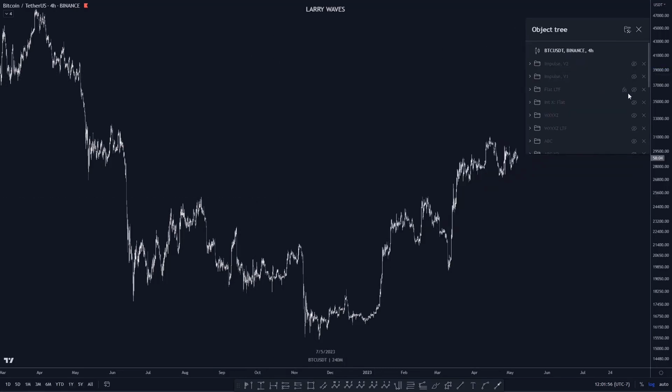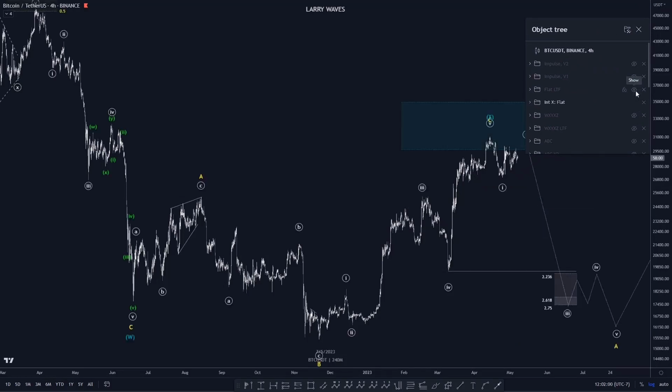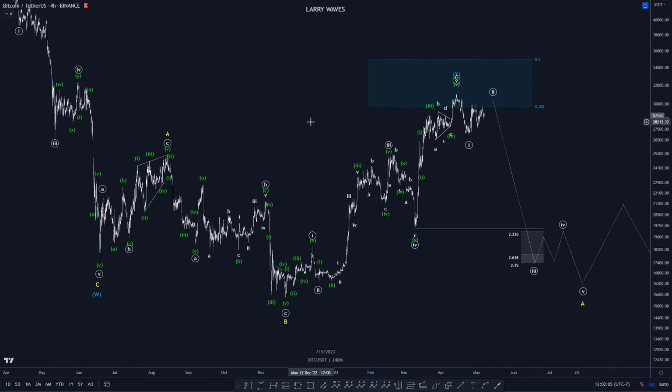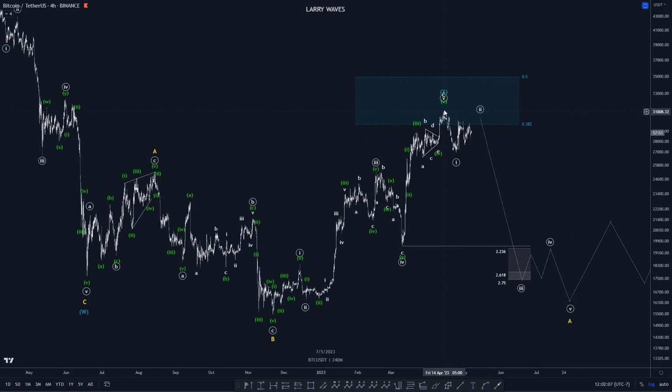So the first count we'll review is the one that we've been monitoring mainly, I'd say. We're kind of leaning towards this. We don't like how disproportionate the C leg is in time in comparison to the A leg right here.